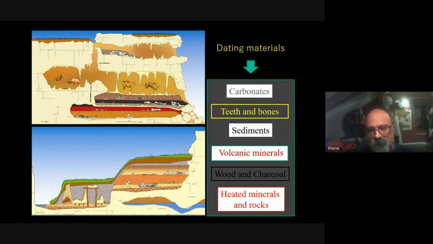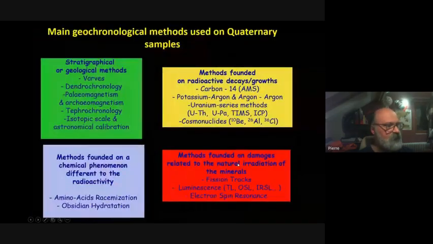And sometimes, in association with this charcoal, we can also find minerals heated intentionally or not, rocks submitted to fire, and all these elements can be used to provide the age of something that happened in the site.